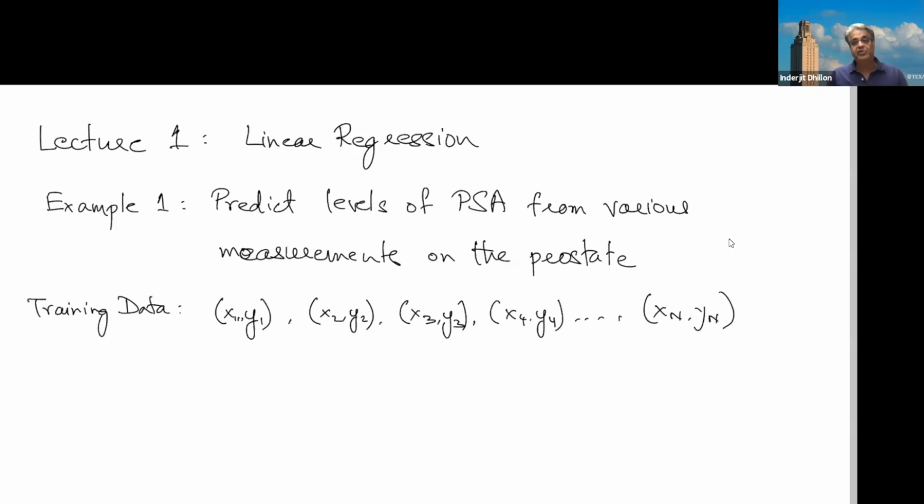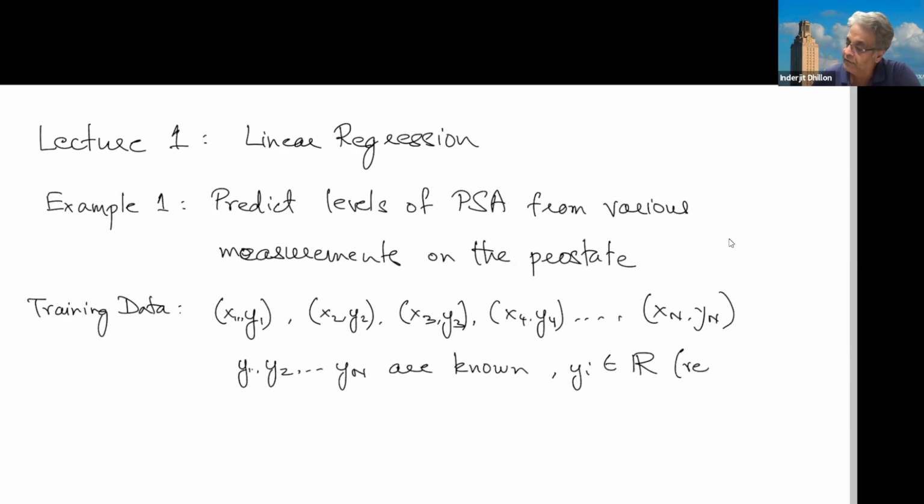Basically, we'll be given measurements and we'll be given the levels of PSA for n training examples. Just to clarify, the y1, y2 through yn are known. Each yi in regression belongs to R, which means it's a real number.